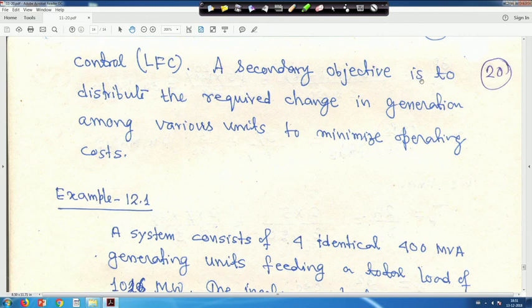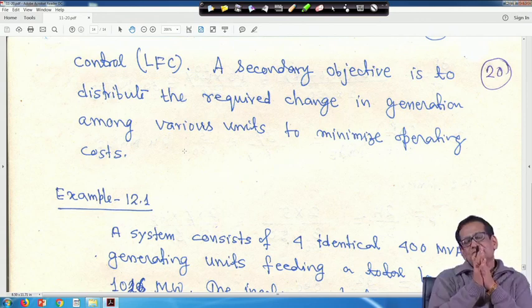A secondary objective is to distribute the required change in generation among various units to minimize operating cost. The idea is something like this: when economic load dispatch is not there, automatic generation control is equal to load frequency control.